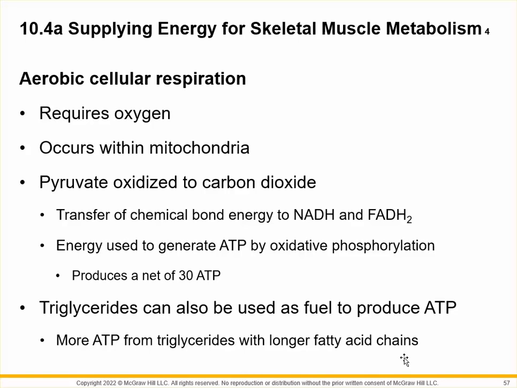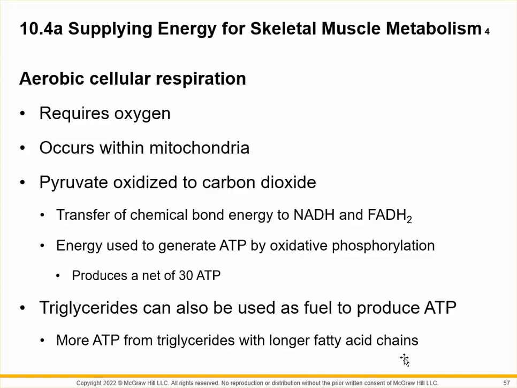Okay, if there's oxygen, then the pyruvate ends up in the mitochondria, and we oxidize it, we mix it with oxygen, we get carbon dioxide, we get high energy molecules like NADH and FADH2s, which we've talked a little bit about, but we generate some more ATP.